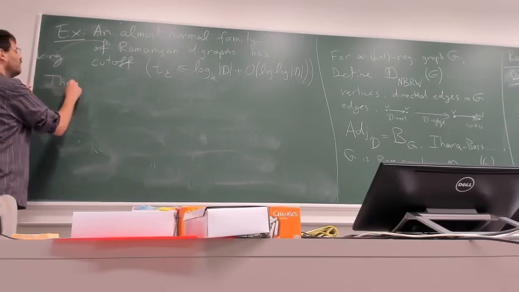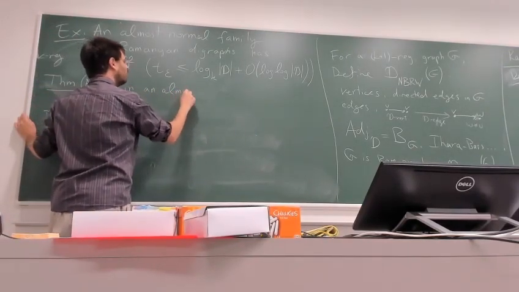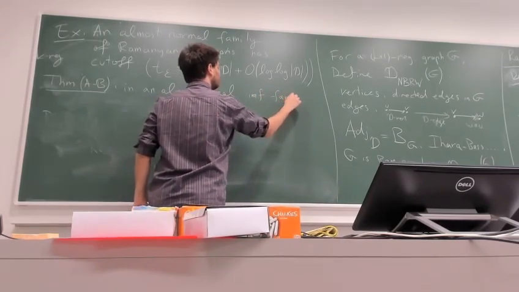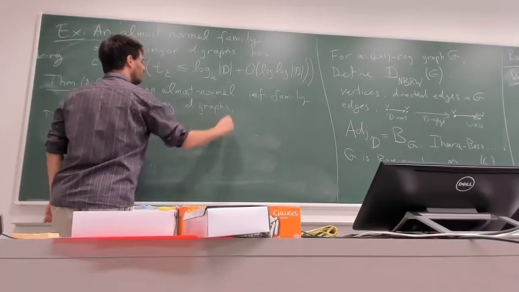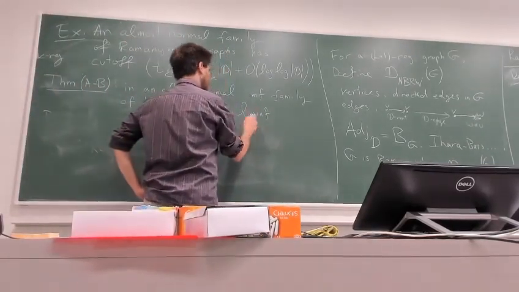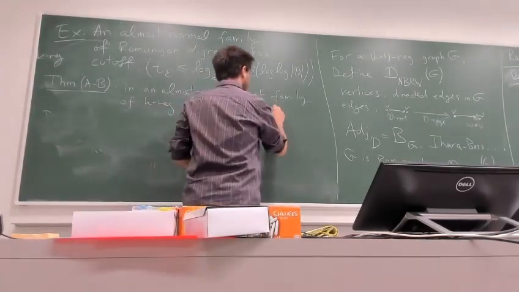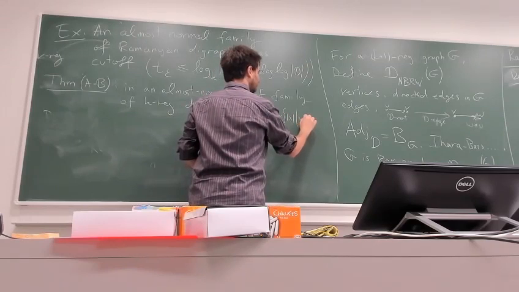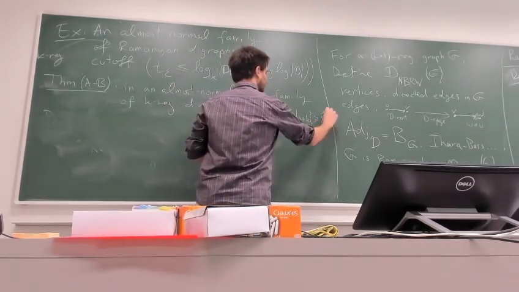Here is an Alon-Boppana theorem: in an almost normal infinite family of k-regular digraphs, the lim inf, as you go over the family, of the maximal eigenvalue which is not k, will be at least square root of k.